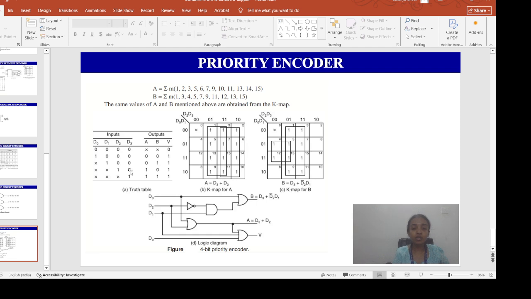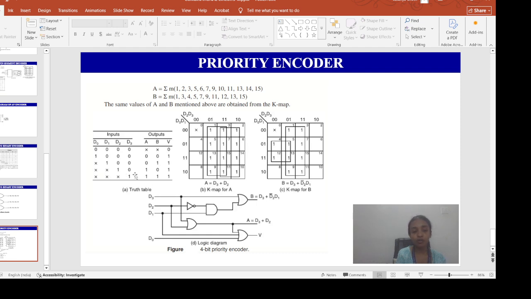When the D2 input is 1, the output will be 1, 0. At that time, D0 and D1 will be don't care; they can be either 0 or 1. And when the D3 input is 1, the output will be 1, 1, and D0, D1, D2 can each be either 0 or 1. So if you look at the A column, we have to check for which input combinations we are getting 1.